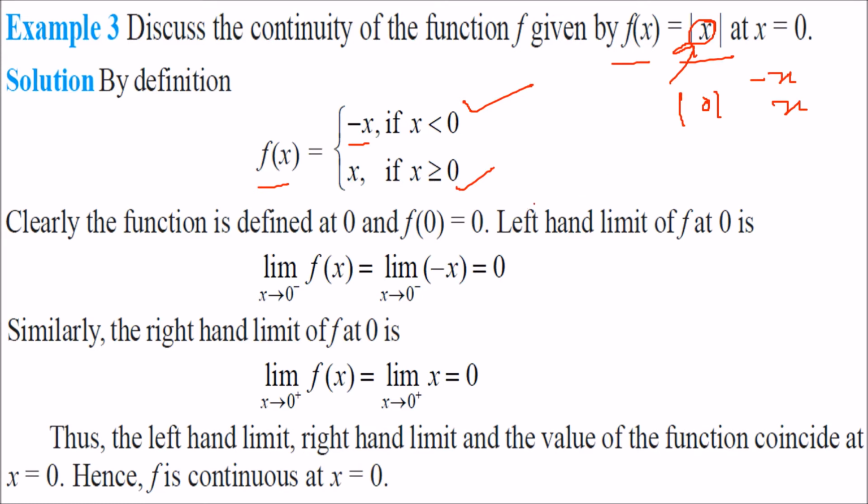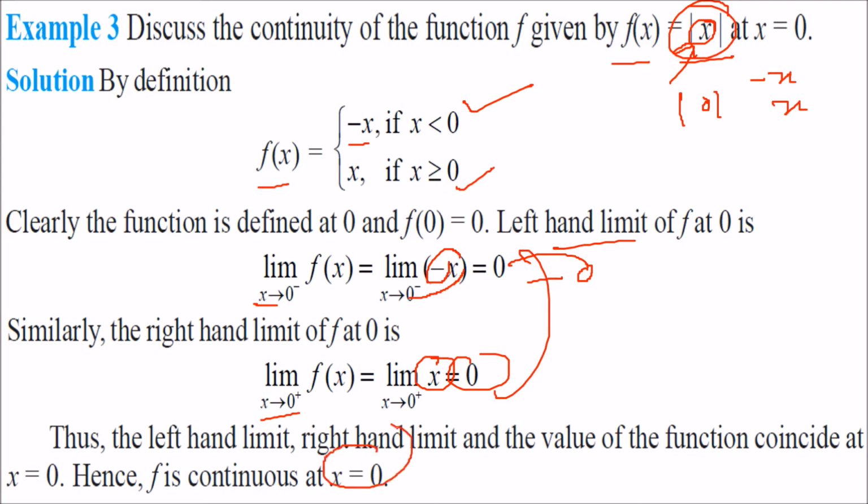Now take the left hand limit and the right hand limit. For 0 minus, it is −x, so placing 0, minus 0 is 0 only. For 0 plus, it is plus x, which is 0 again. The limit is 0. The value at x = 0 is 0. Both are equal. So f is continuous at x = 0.